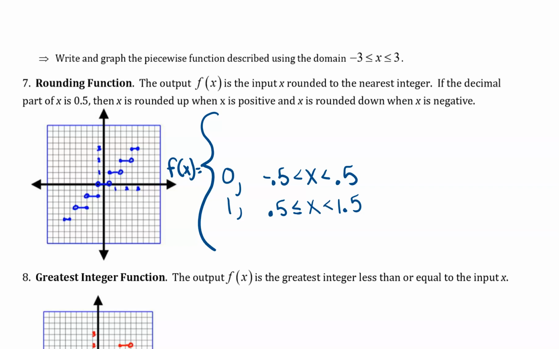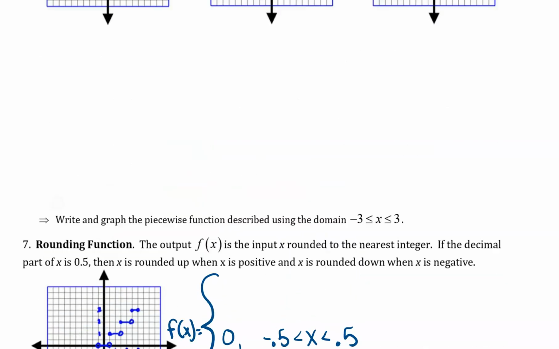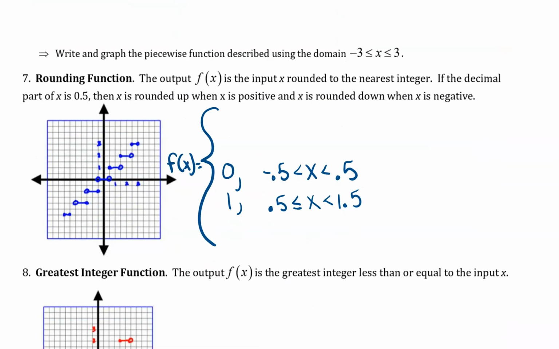Your number would round to 2 if it was anything from 1.5, including 1.5, all the way up to 2.5, but you don't include 2.5 because that would round up to 3. So anything from 2.5, including 2.5, would round up to 3.